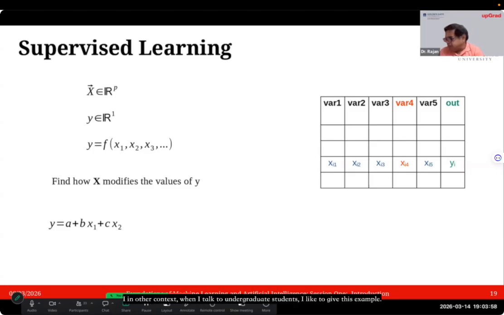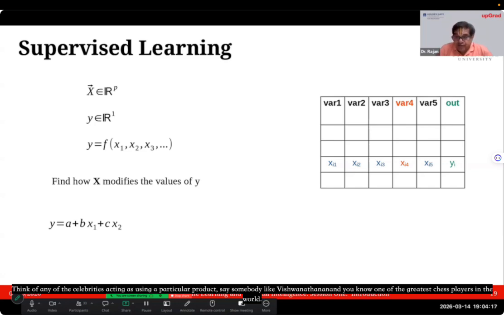In other contexts, when I talk to undergraduate students, I like to give this example. Think of the word model. Immediately we think of advertisements and stuff like that. Think of any of the celebrities acting as a model using a particular product.